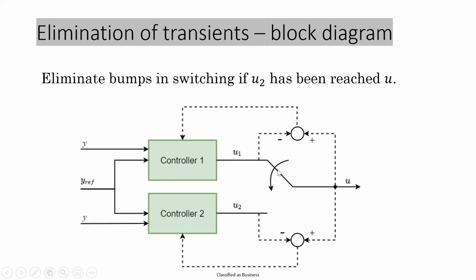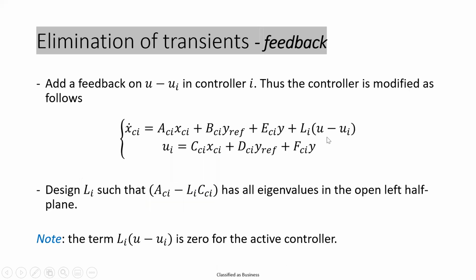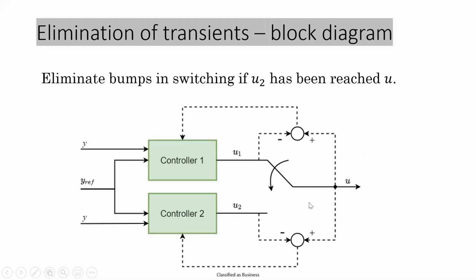Back to the previous slide. If the first controller is selected, which means that the first controller is active, it means that U is equal to U1. Therefore, U minus U1 is 0. Therefore, this term doesn't change anything for the active controller because it is simply 0. So this term matters for the controller which is not in the loop.